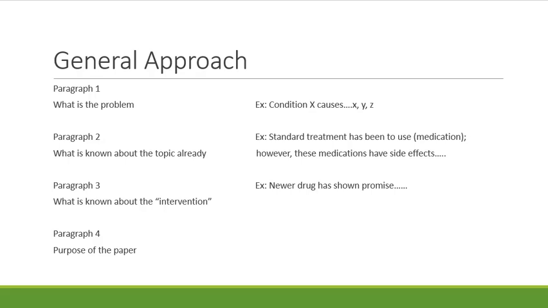But let's say the newer drug has not had many trials against other drugs. Well, maybe you would have in your scoping review a section related to the side effects or lack of side effects for people who take the drug. And maybe you would have a paragraph associated with outcomes.